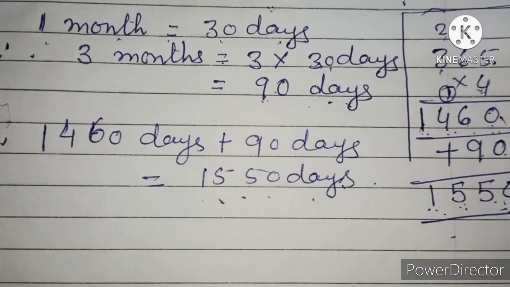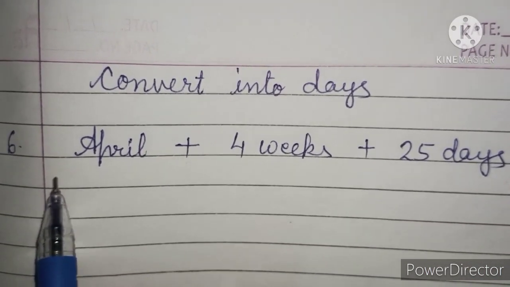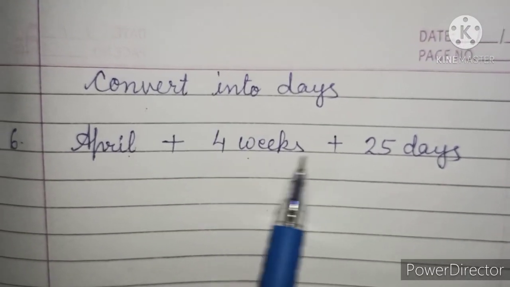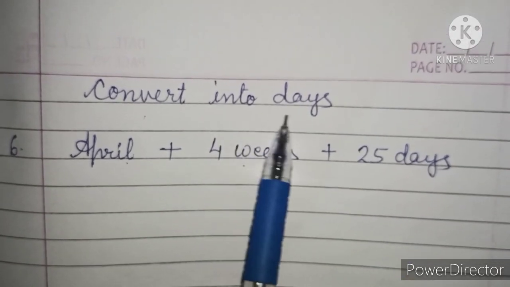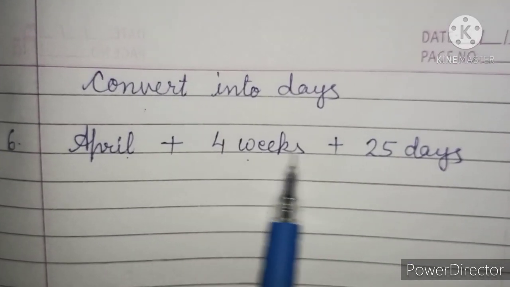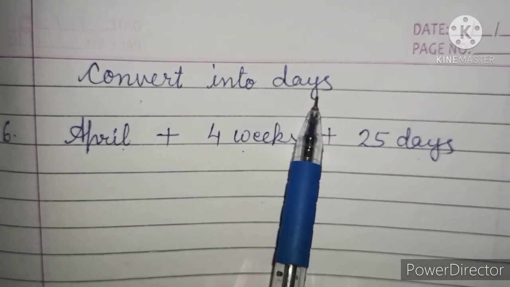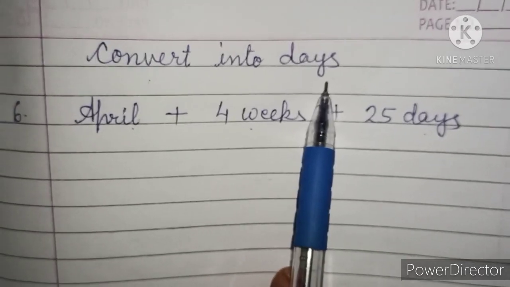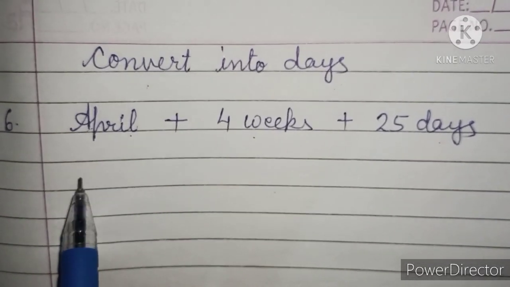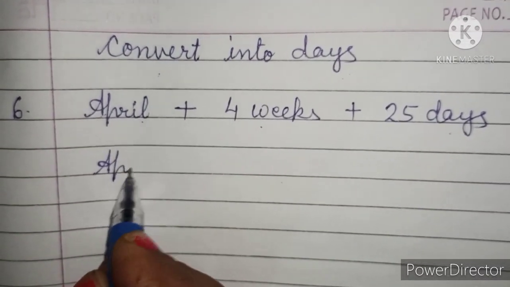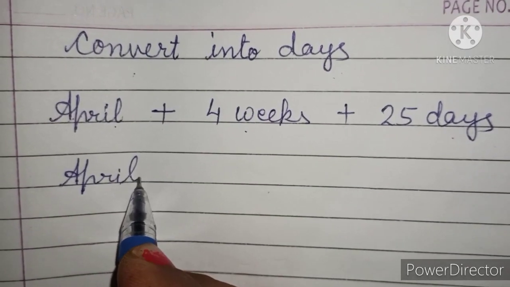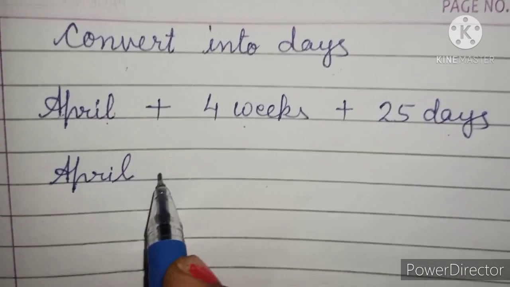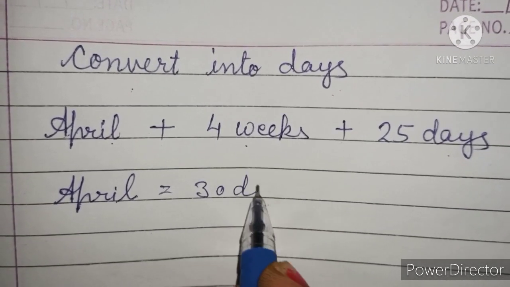Okay, children. Now the next question is convert April, 4 weeks plus 25 days into days. This question we have to convert into days. Okay. Children, first we have to write April here. Now tell me how many days are there in April? 30 days.